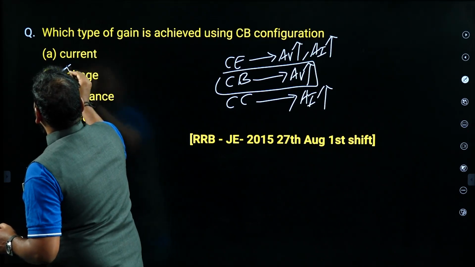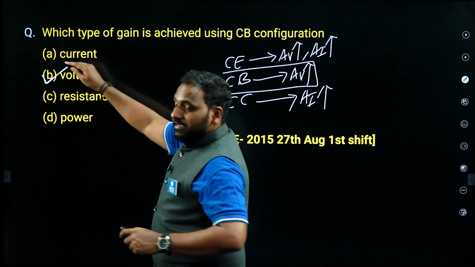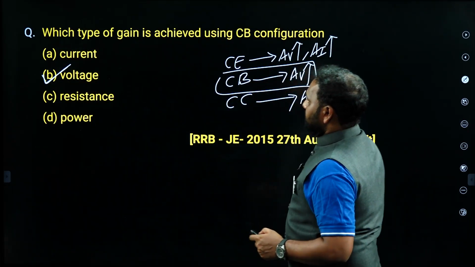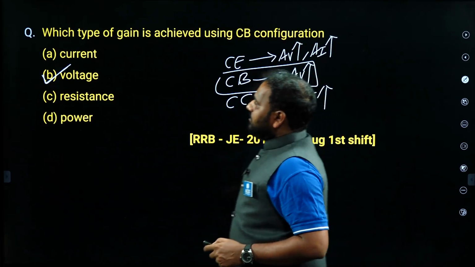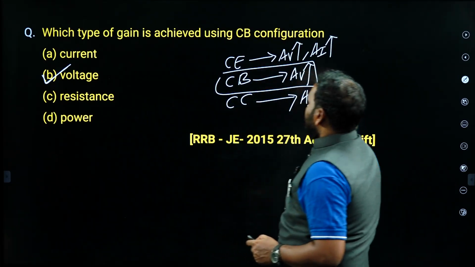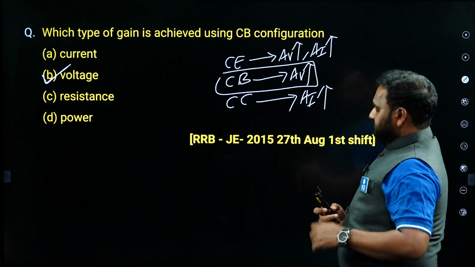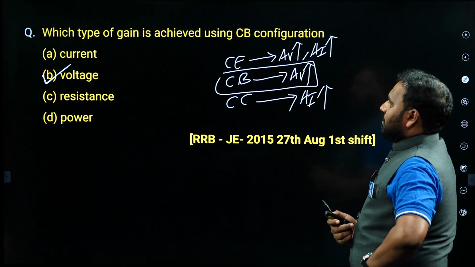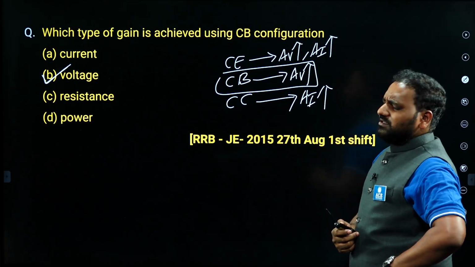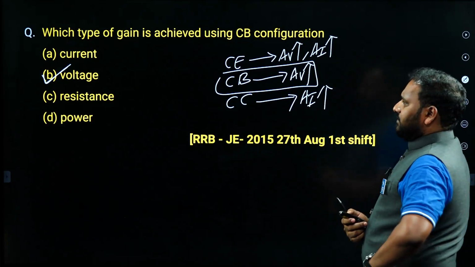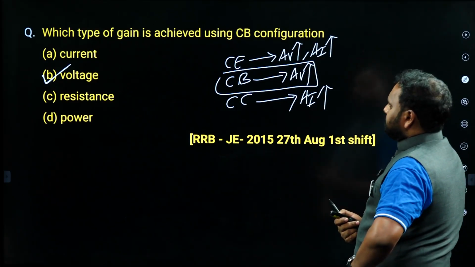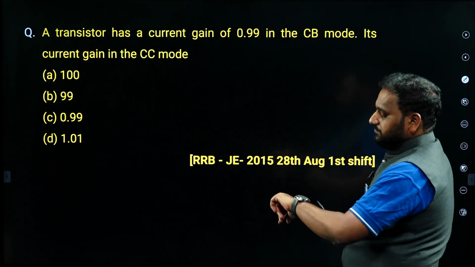Sometimes in the flow I may give one answer and select another option, so please observe. I have given the tick mark on B, voltage gain, common base. Please verify the question: common base, common emitter, common collector. Otherwise, you can take screenshots later. I'm going for the next question.